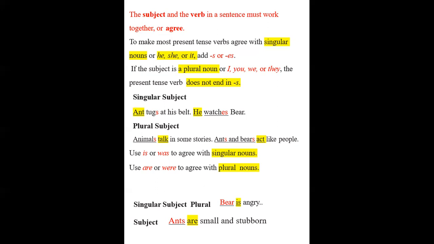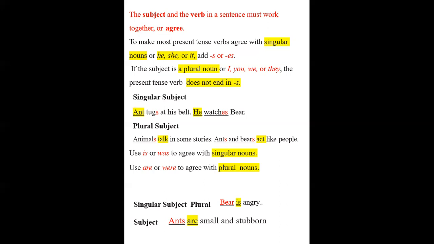So we say, for example, he are? We do not say he are. We say he is. When we say he are, the subject does not agree with its verb, because the subject is singular and its verb must be singular.